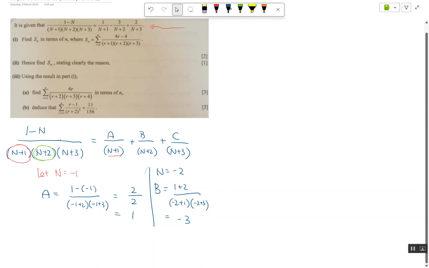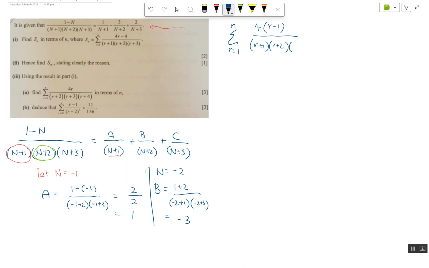Now I want to find Sn in terms of n, where the sum of n is equal to this. This is the part that you have to be careful. So there's 4r minus 4, the sum from r equals 1 of 4 bracket r minus 1 over r plus 1, r plus 2, and r plus 3.